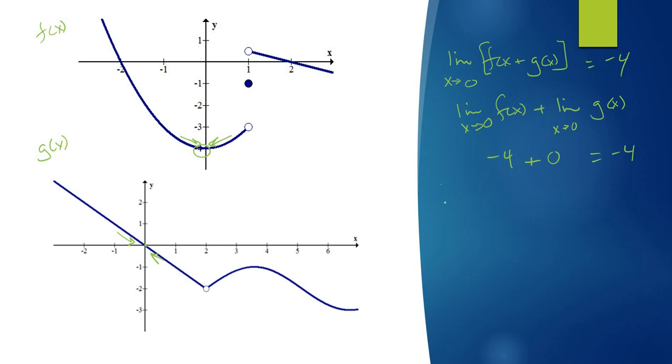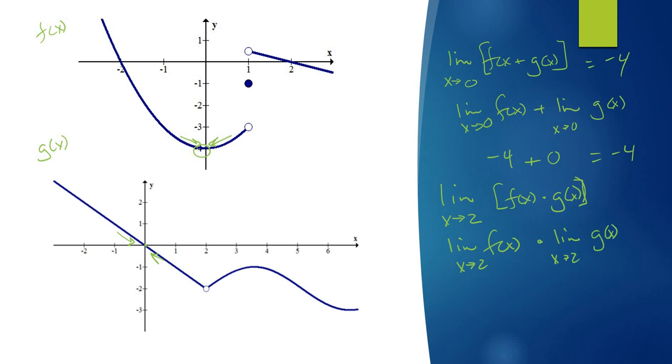Okay, let's look at the limit as x approaches 2 of, let's do f of x times g of x. So the first thing I need to find is the limit as x approaches 2 of f of x, and then I'm going to multiply that by the limit as x approaches 2 of g of x.